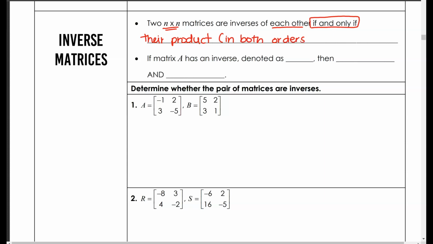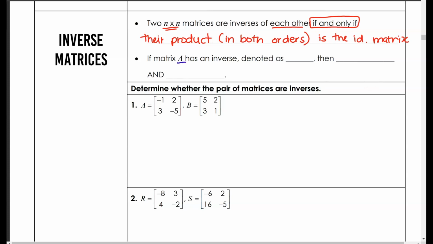So in this case, if I had A times B, it's A times B and B times A, is the identity matrix.